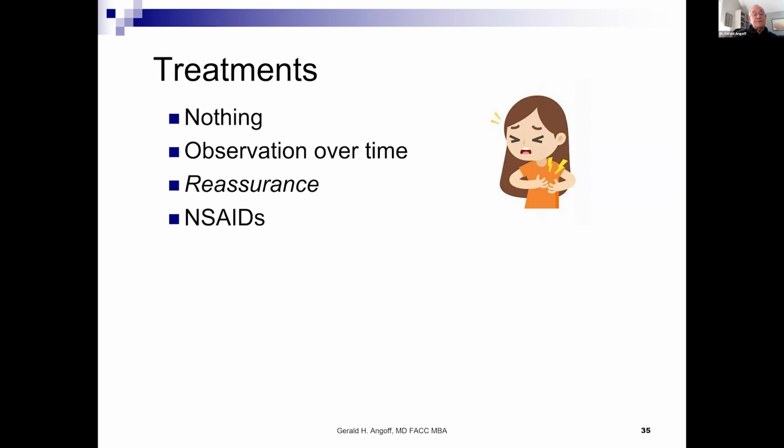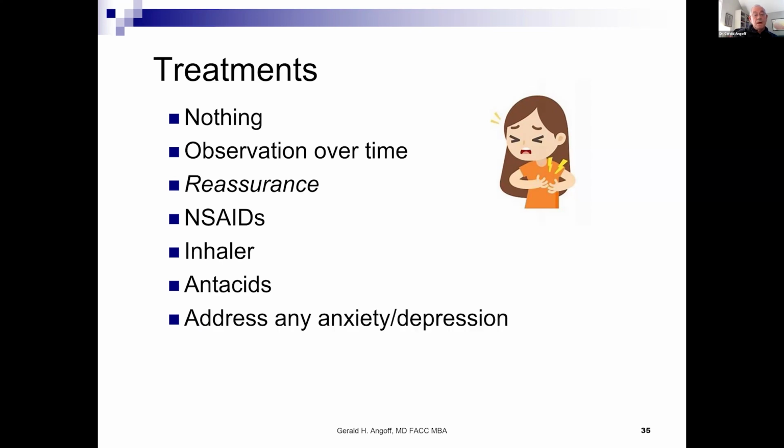For musculoskeletal symptoms, certainly non-steroidal anti-inflammatory drugs. If it's an exertional symptom, perhaps a trial of an inhaler. If the history suggests more of a GI origin, certainly a trial of antacids. To address any anxiety and depression, maybe delve into some history here.